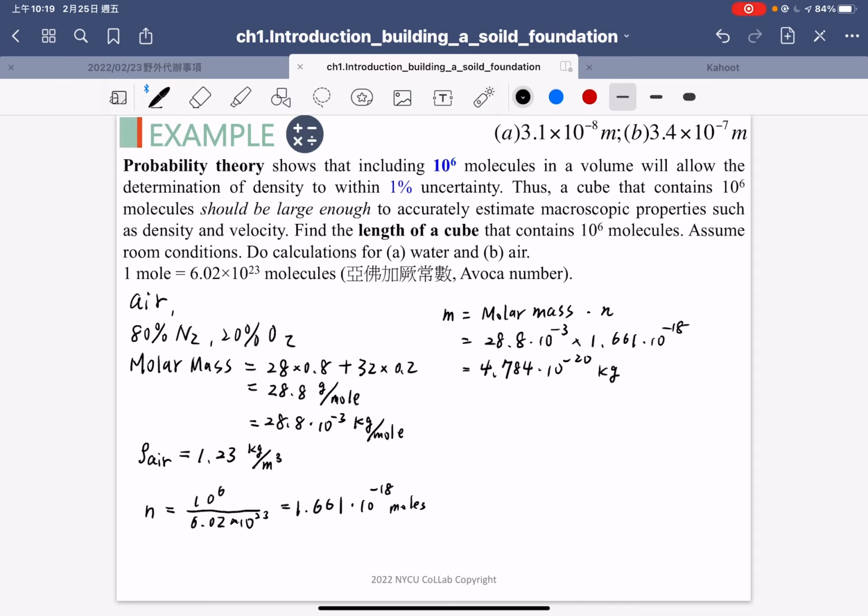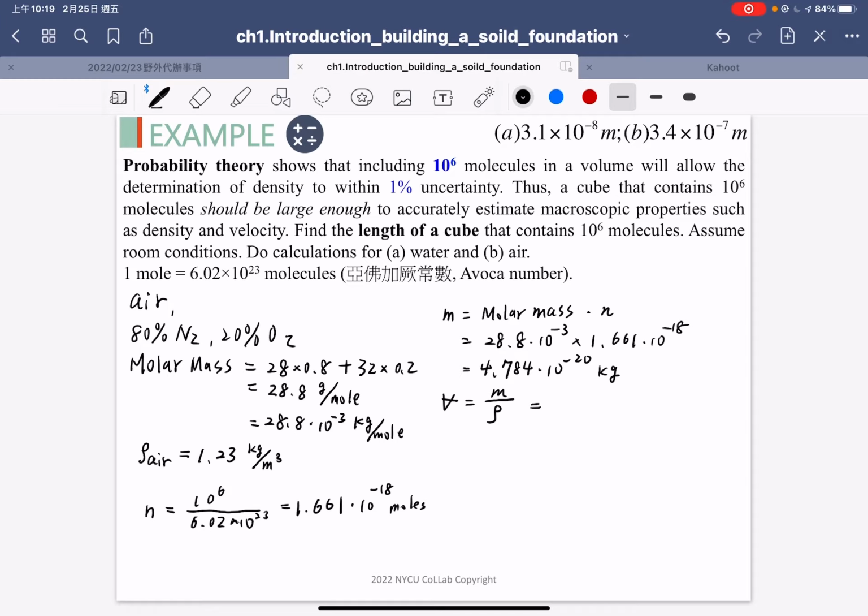So actually we know the density I have highlighted here, and we can compute the volume of the air. The mass divided by the density gives us the volume.